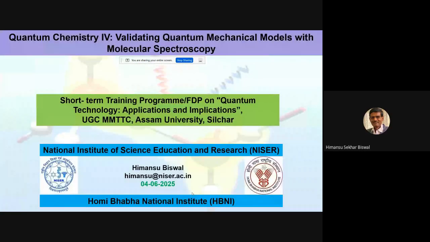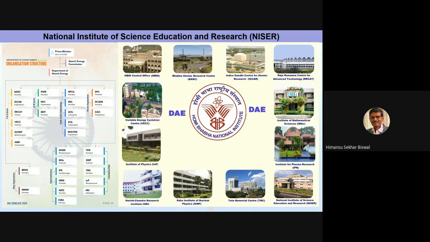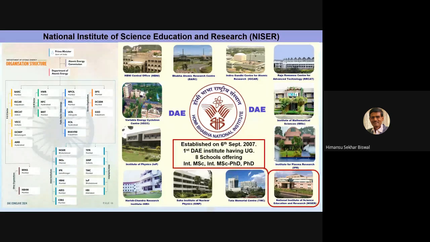Okay. As the title says, validating quantum mechanical models with molecular spectroscopy. I'll continue from my last lecture, and I guess I don't need to introduce our institute once more. Just a brief introduction. We are located in the east part of India in Bhubaneswar, and it's called the National Institute of Science Education and Research. We have many programs like integrated MSc, integrated MSc PhD, and a PhD program in 8 different schools.